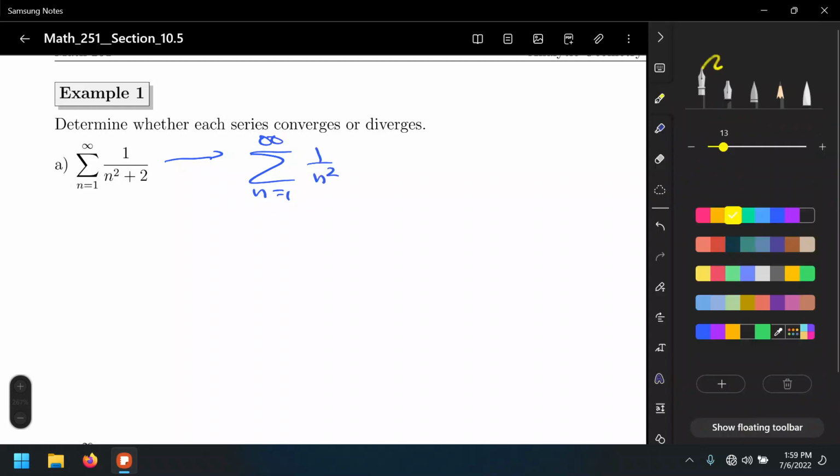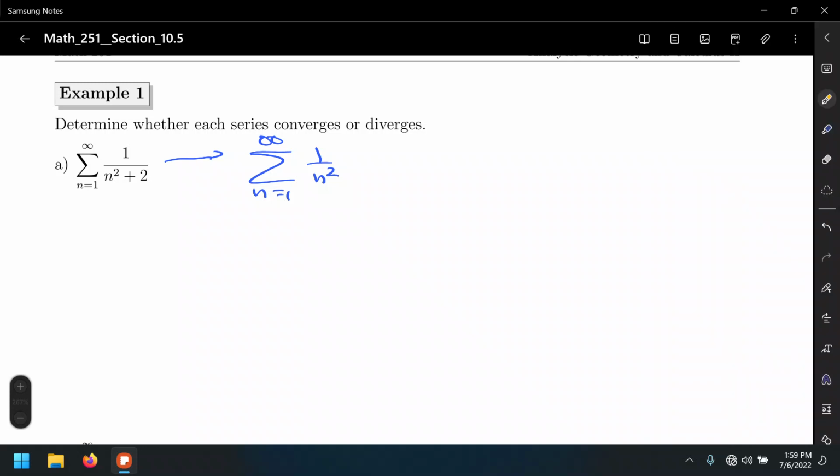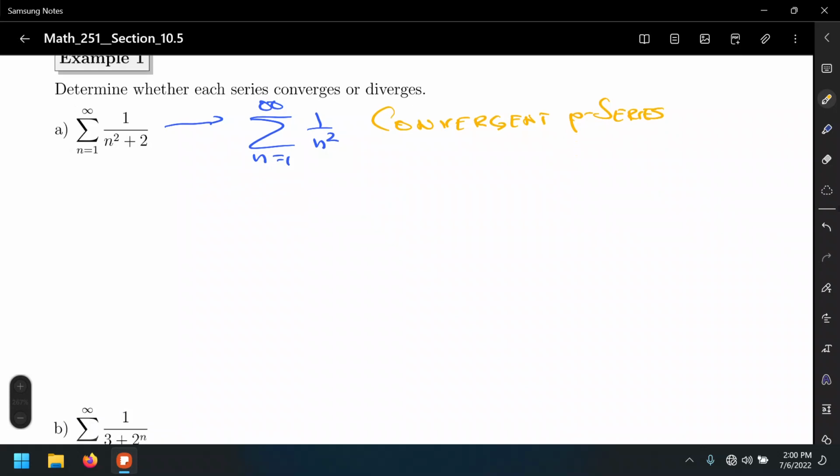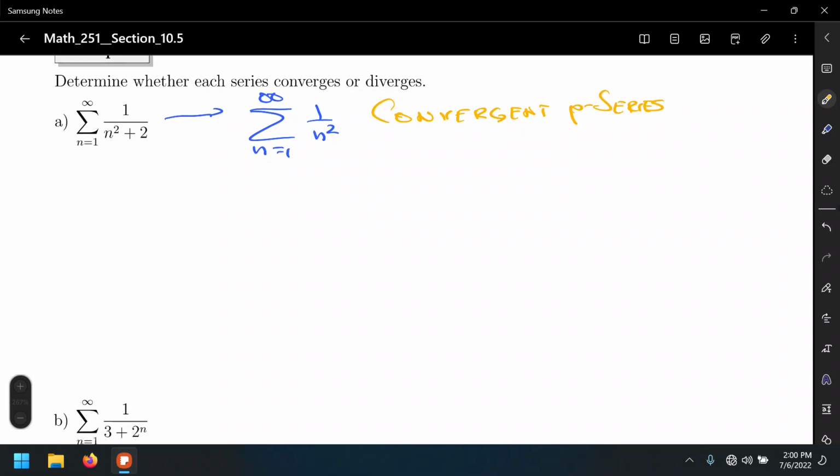This is a convergent p-series. At this point you don't have to show me what the value of p is. When you're using the comparison, it's understood that you are comparing it with a convergent p-series because you understand how the p-series test works. So no need to write a lot.